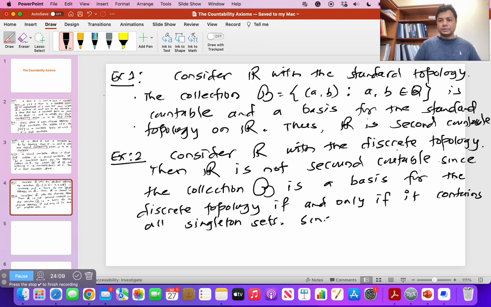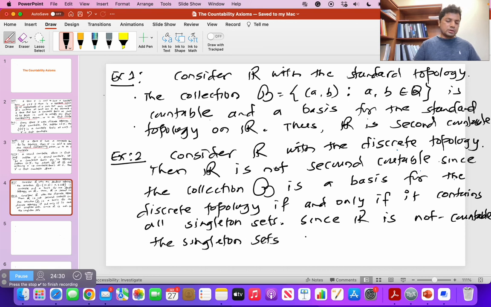Since R, the set of real numbers, is uncountable, the singleton sets are also uncountable.